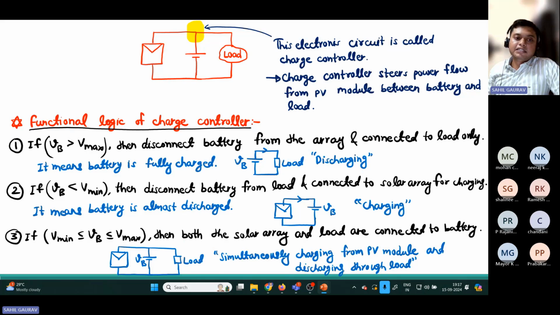If the battery voltage is within the limit, meaning the minimum voltage corresponds to the discharged condition and the maximum voltage corresponds to the nearly charged condition, then you can take power from the solar array for charging, and you can also deliver power to the load for discharging.